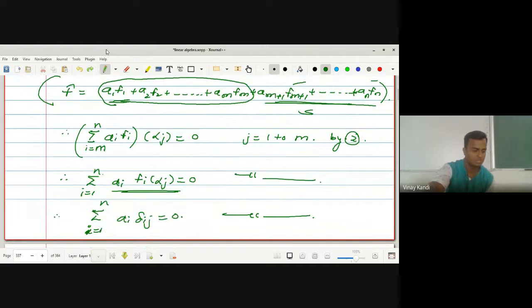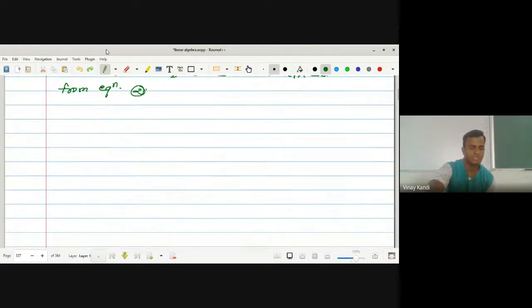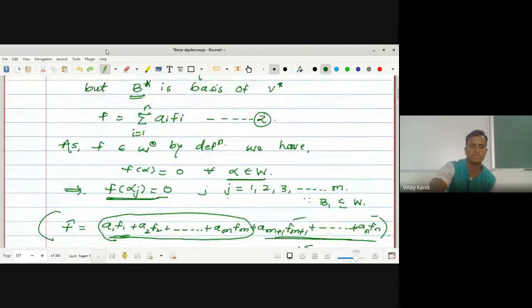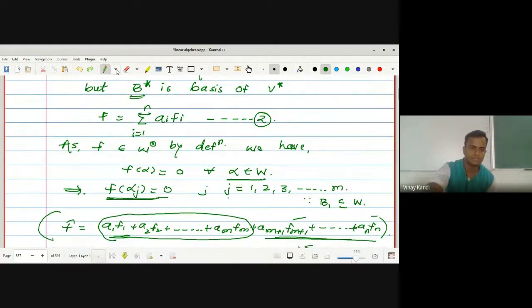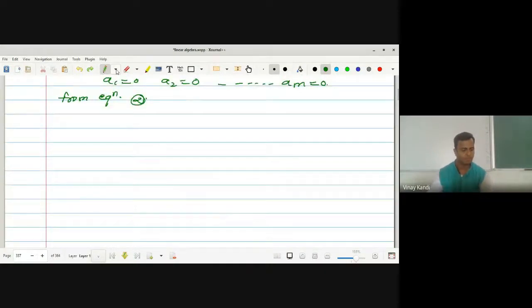So hence, f is equal to am plus 1 fm plus 1 plus am plus 2 fm plus 2 up to so on an fn.